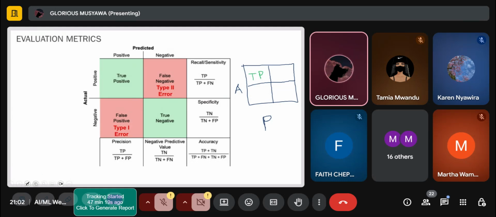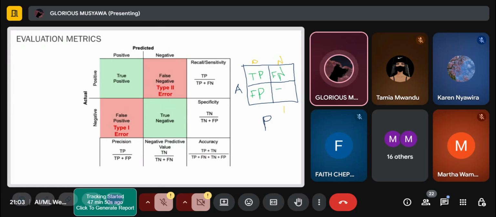I forgot to put this one is positive, this one is negative. Positive, negative. I think that's enough. And then this one is a false positive. This one is a false negative.